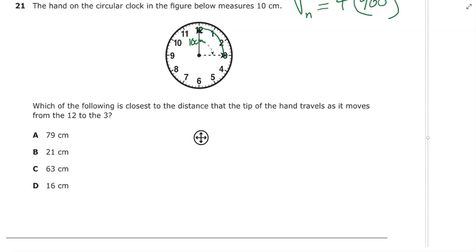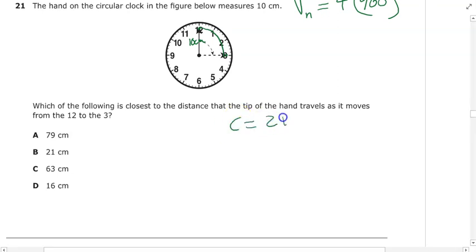So I know the circumference equals 2 pi r, and that the radius is 10. I can plug that in and find the whole circumference, but I only want 1/4 or 3/12 of the total distance. So that's 3 hours out of the 12, of 2 pi, and the radius is 10 centimeters.